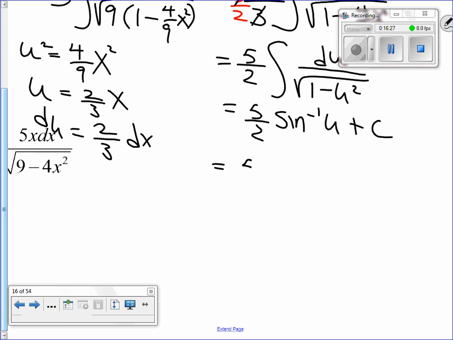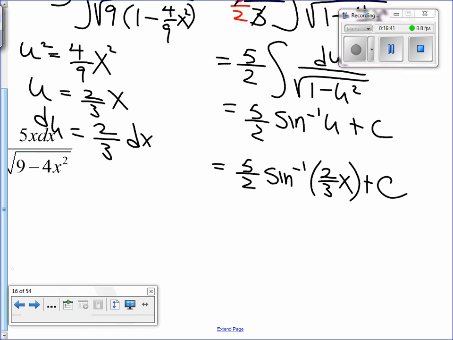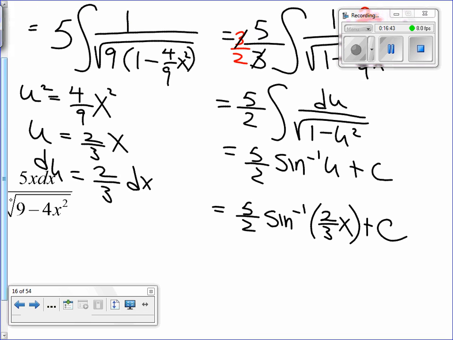So we get 5/2 the inverse sine of 2/3 x plus c. So this time, when we had to get a 1 in the denominator, because it was under the radical, when we factored it out, we had to factor out a 9, but it was really a square root of 9. We had to just remember that.